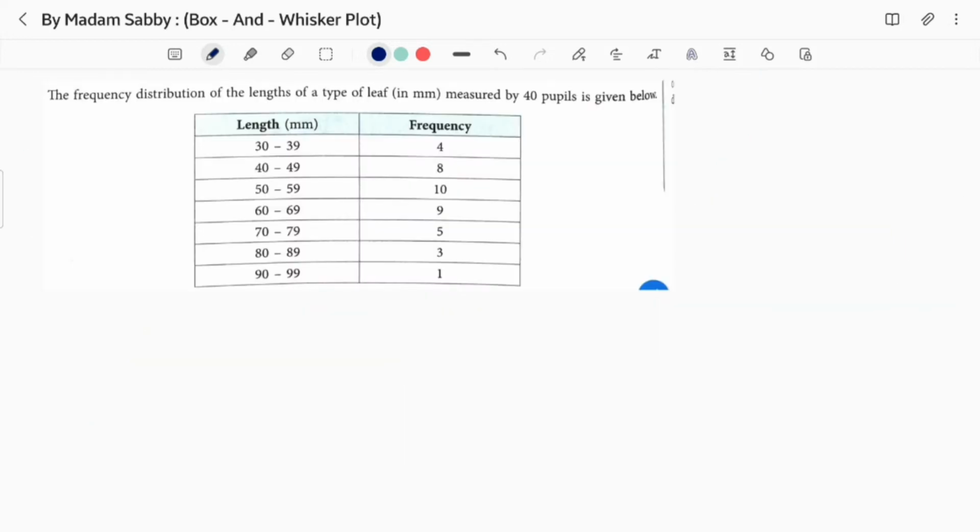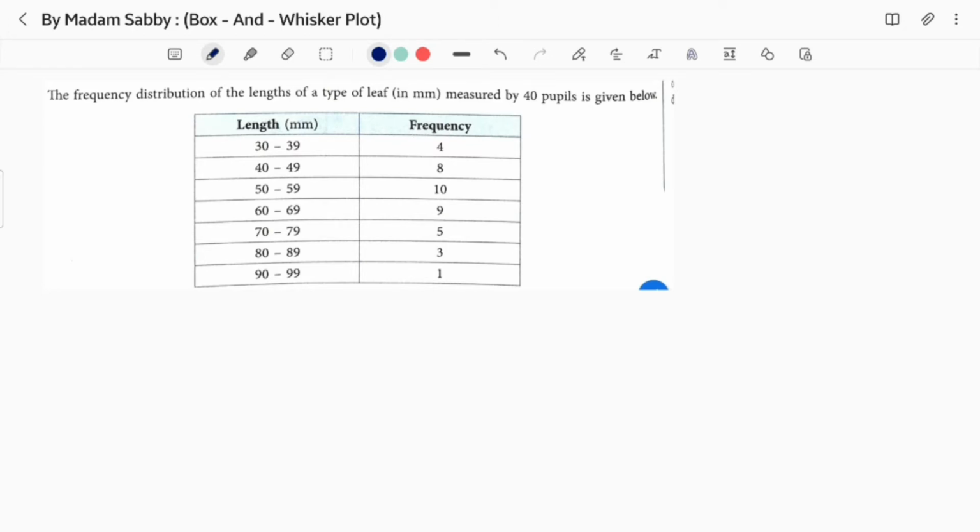Let's look at this example. We're given a frequency distribution table consisting of length in millimeters. There are different class intervals given here with the frequency.